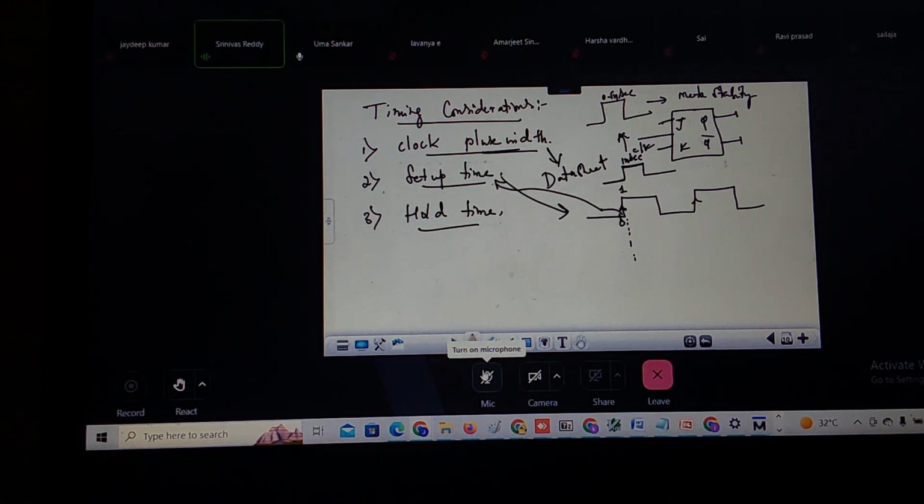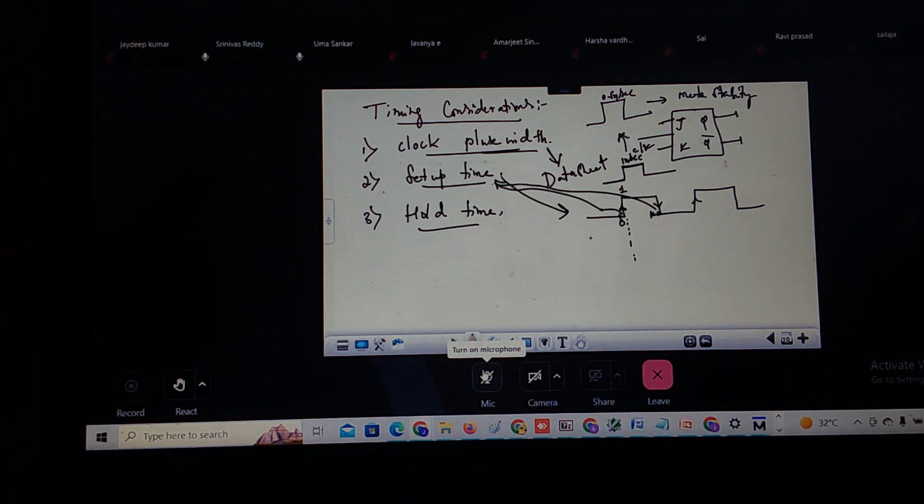The name implies it: setup means getting ready. So this time we call setup time for the rising edge. For the falling edge, the time before the falling edge comes we call the setup time. What happens during the setup time? Whatever input you are applying to the flip-flop must be maintained stable during this setup time.